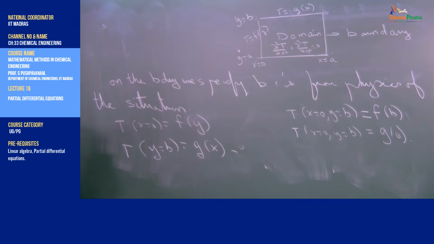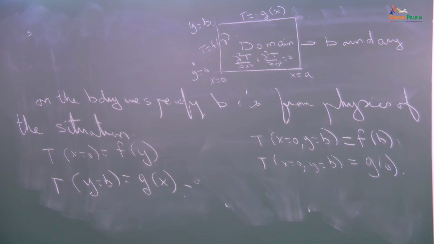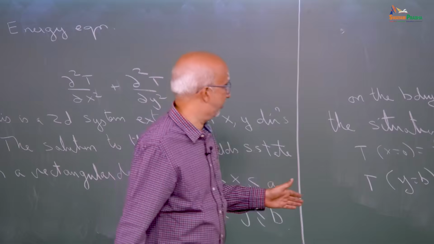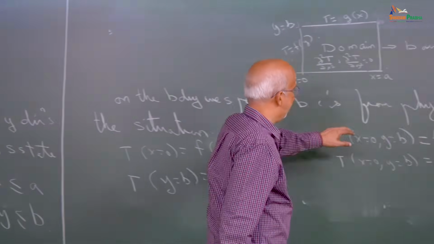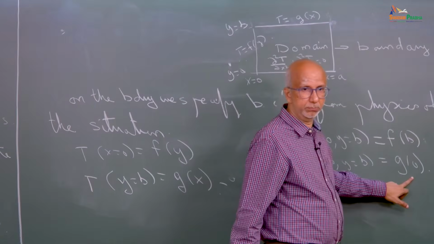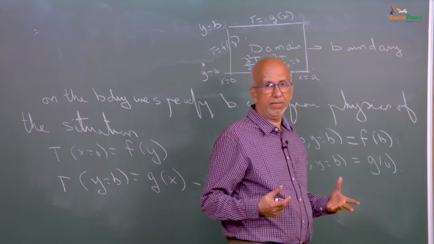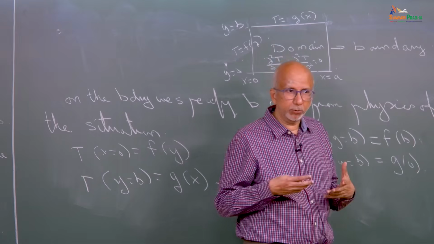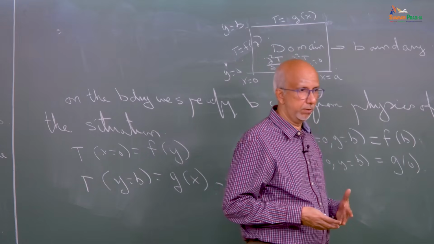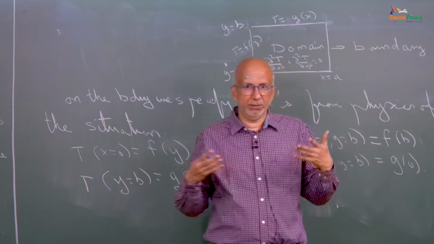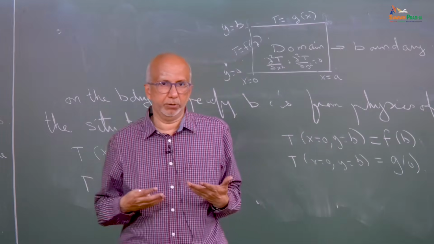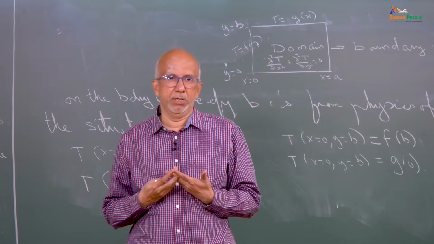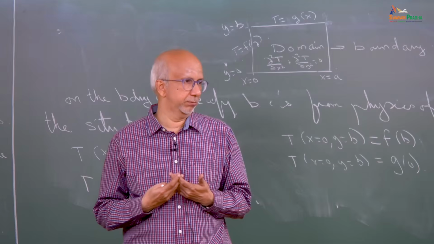So, you are looking at the same point, but if you come along one boundary, you are getting f of b, along another you are getting g of 0. So, basically you would like f of b to be equal to g of 0, only then it is consistent, the problem is well posed, but otherwise it is ill posed.